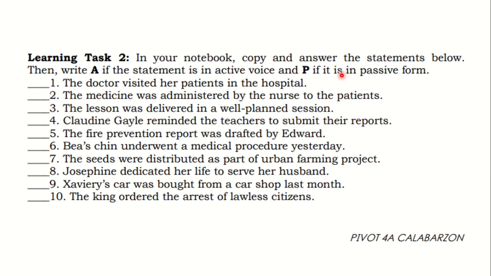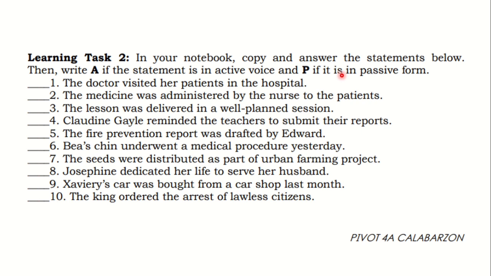A or B? Number 5, the fire prevention report was drafted by Edward. A or B? Number 6, Bea's chin underwent a medical procedure yesterday. A or B? 7, the seeds were distributed as part of urban farming project.